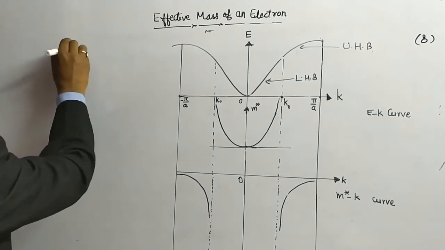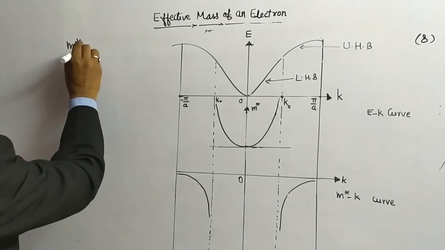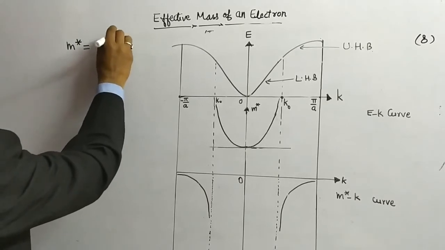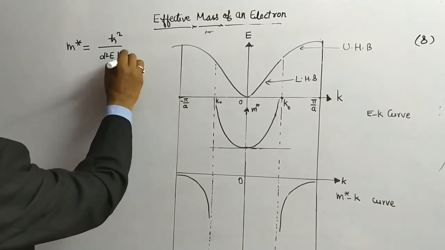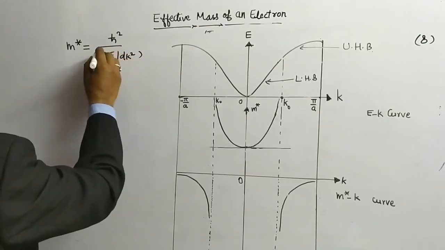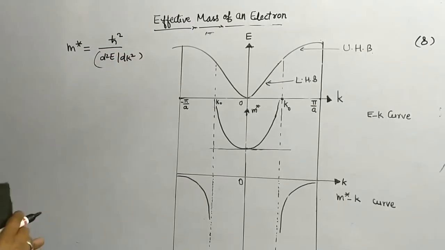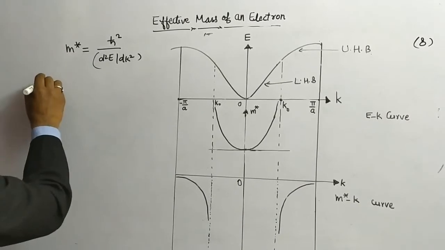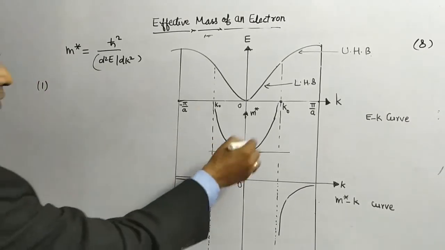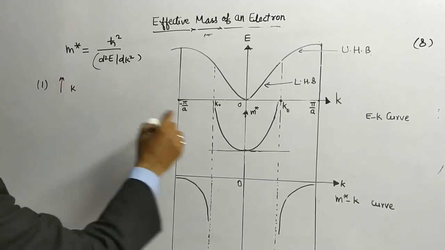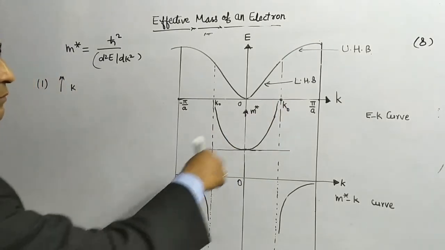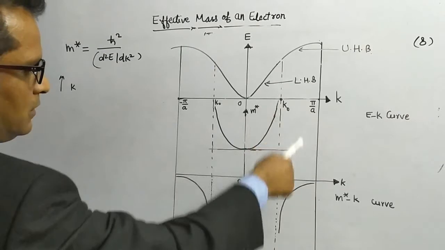If I write the equation for effective mass, h bar square over d square E by dk square. So the first point is that with increase in k, the effective mass increases, becomes maximum at the point of inflection, then it becomes negative.